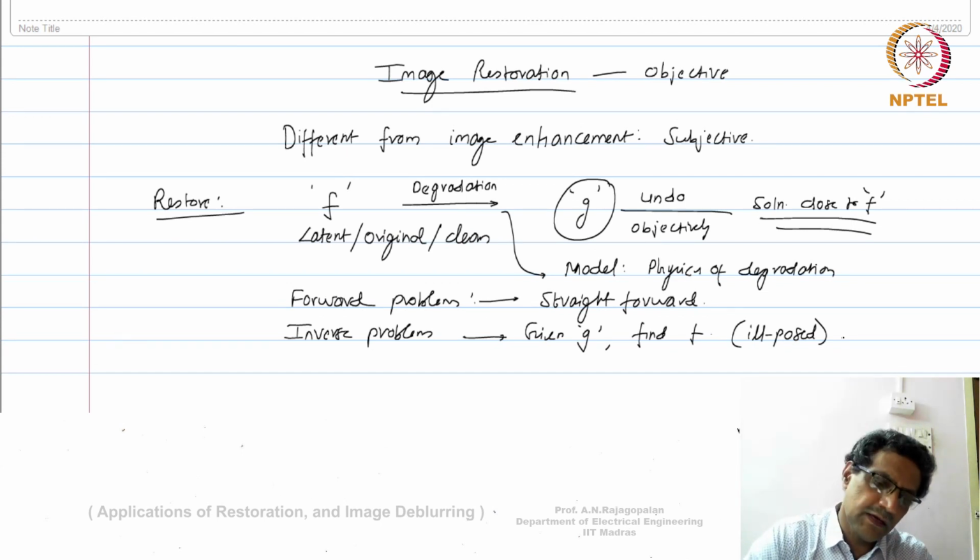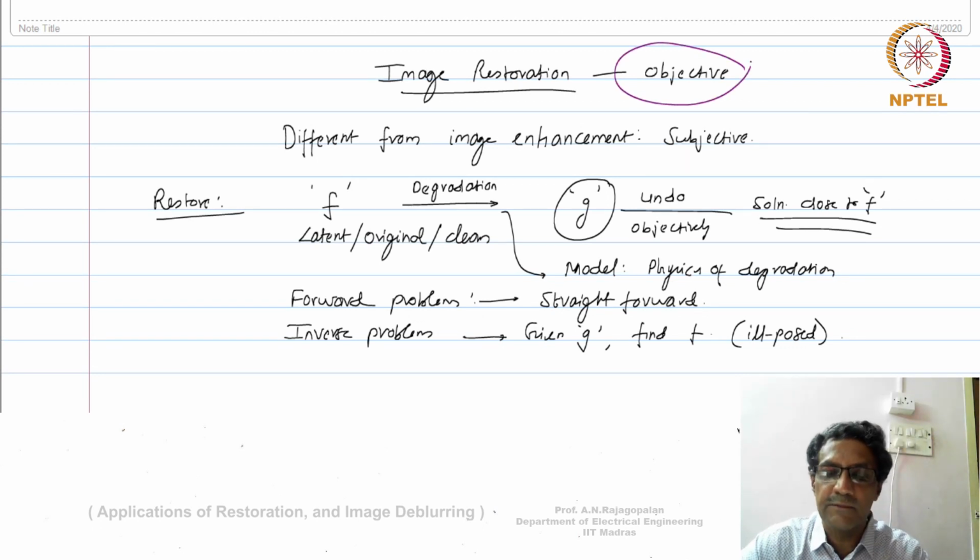So the key thing that separates it from enhancement is this notion of objectivity. It's more firmly grounded in the sense that we know exactly what we are asking, because we believe that we understand the forward process, the degradation process, and we try to see if we can undo the process. That really is the goal of restoration.